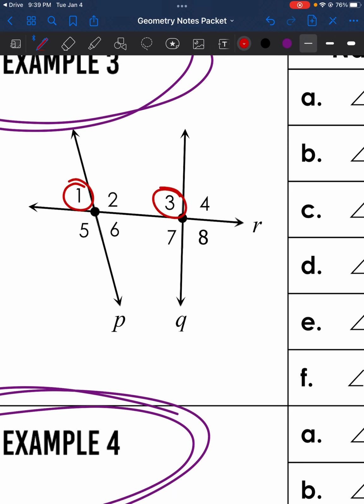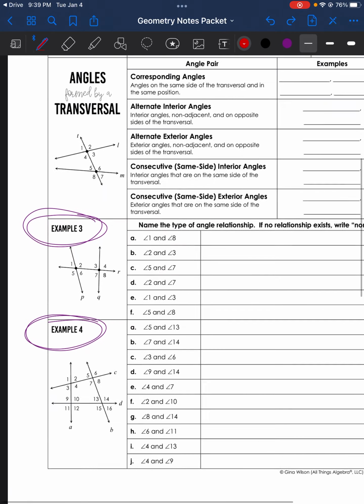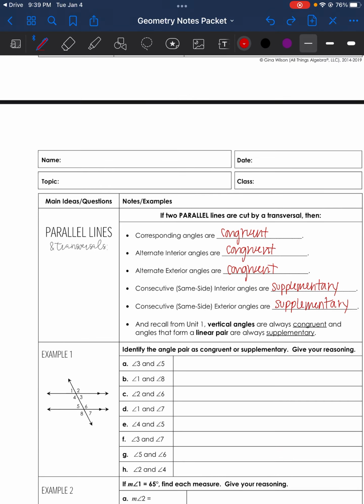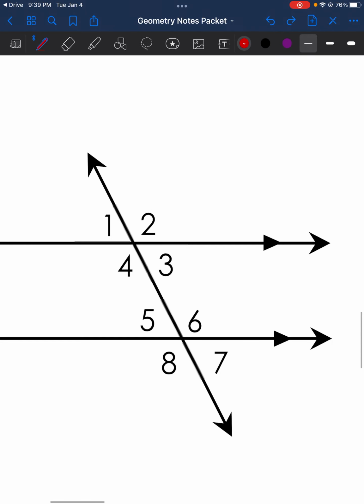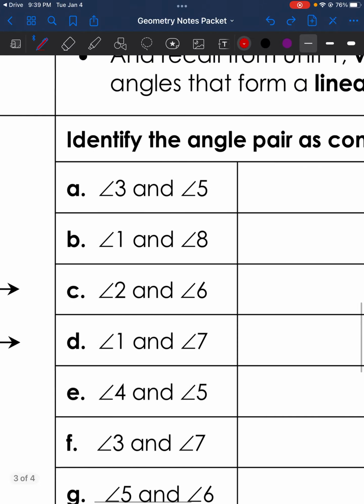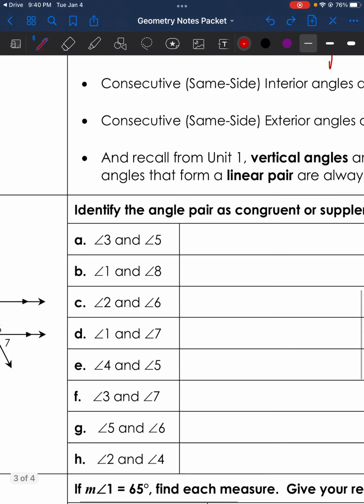And you can see from here that angle 1 and angle 3, even though they're corresponding angles, they're obviously not the same measure in angle. And that's because the lines P and Q are not parallel here. But you can see here, this corresponding angle 1 and 5, they look like they could be congruent. And now we know for sure, because these lines are parallel, that they are indeed congruent here.